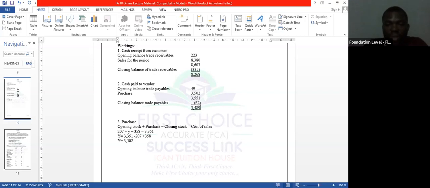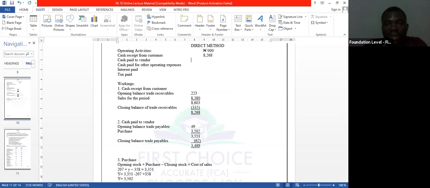So this is the total amount of money that you pay to your vendors. So you come back here and put it in bracket, because we are paying out. That's 3,489.